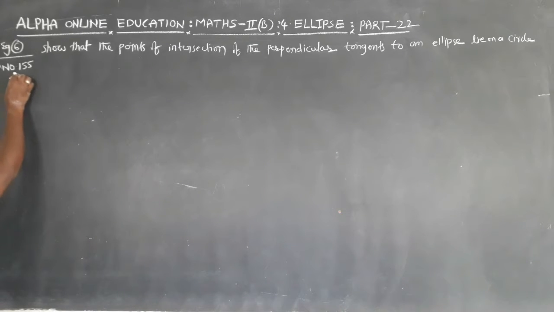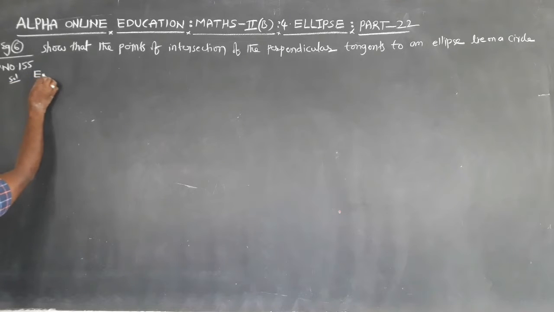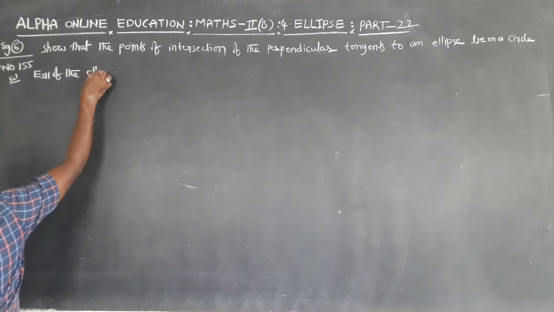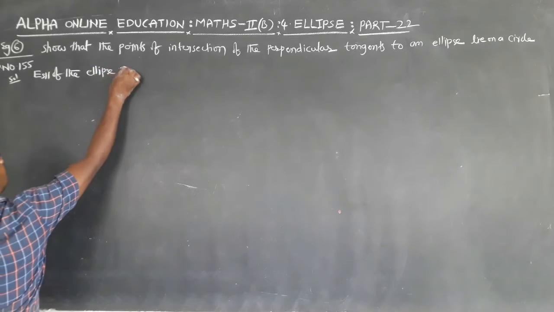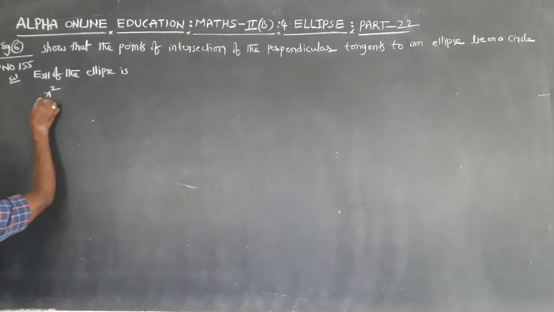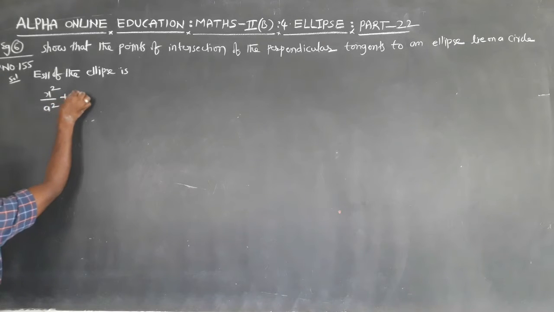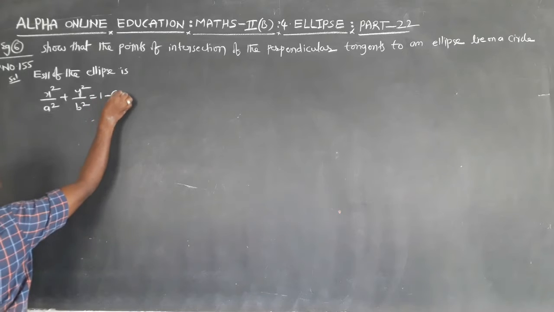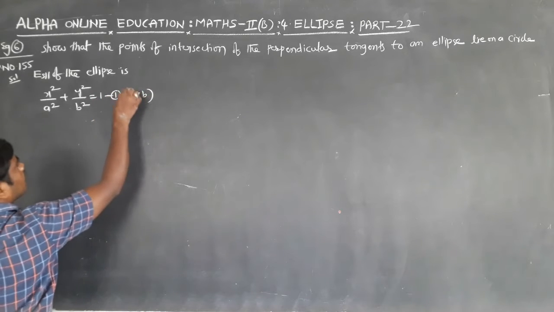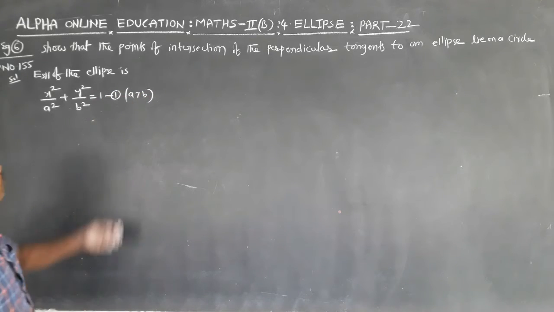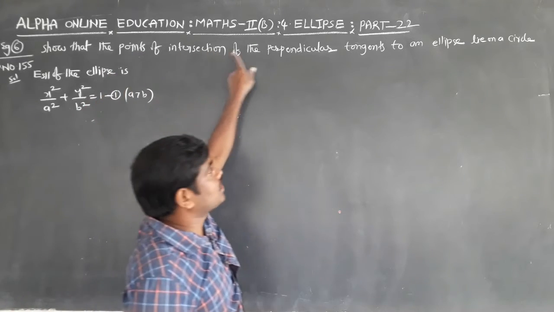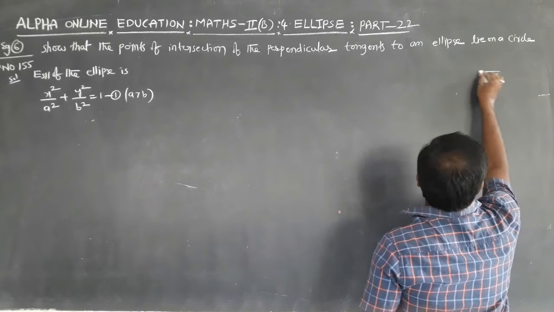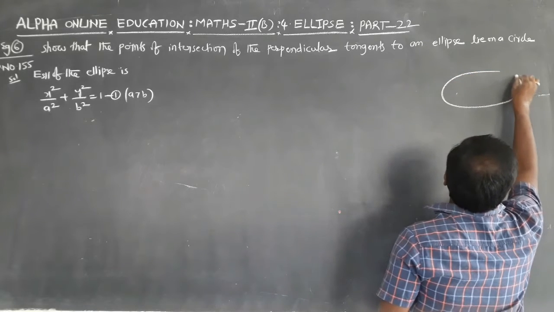So here the equation of the ellipse is x square by a square plus y square by b square is equal to 1. Here the points of intersection of the perpendicular tangents. This is the ellipse diagram.